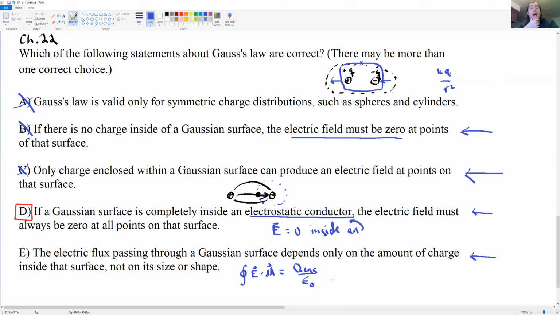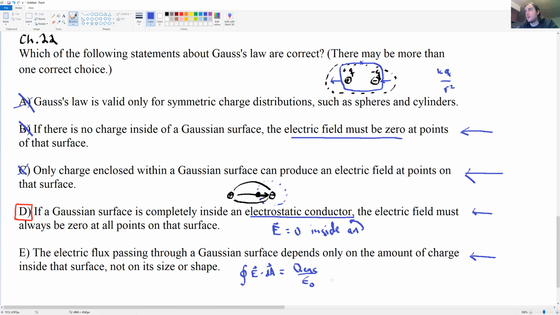Now, calculating the flux, the integral on the left-hand side might be challenging if you have an oddly shaped surface. But Gauss's law tells you you can calculate the flux by simply counting the number of charges and adding them up. So you don't have to do the complicated integral on the left-hand side if you know how much charge is inside that surface.